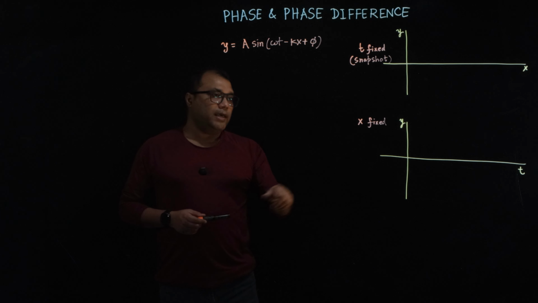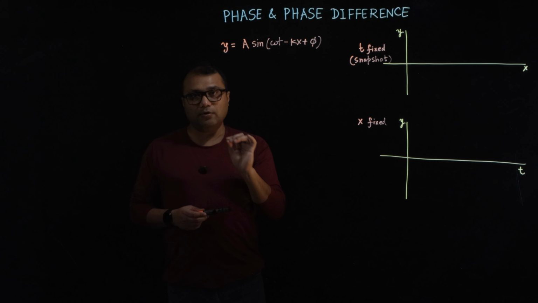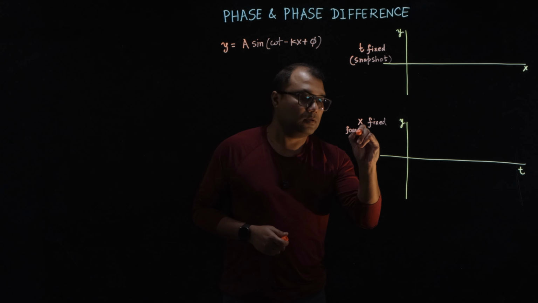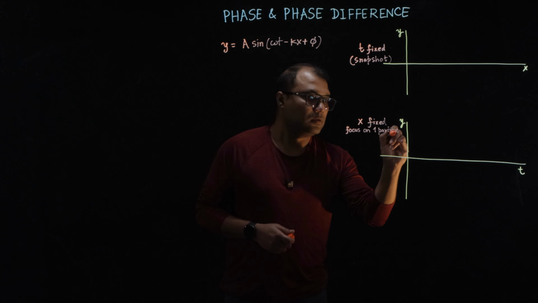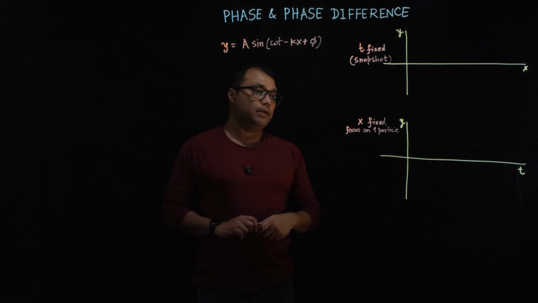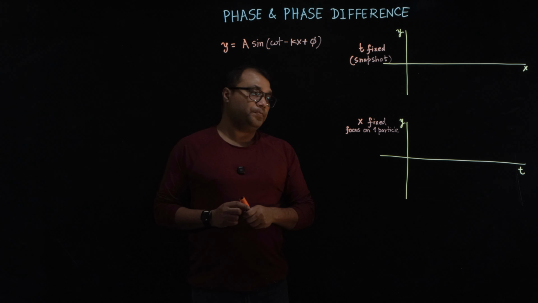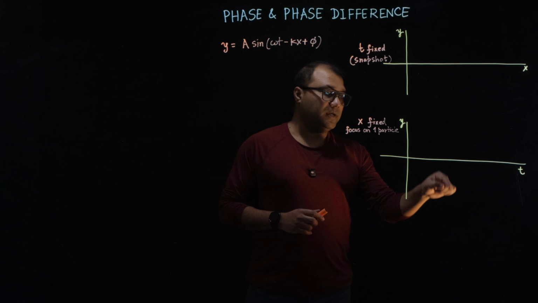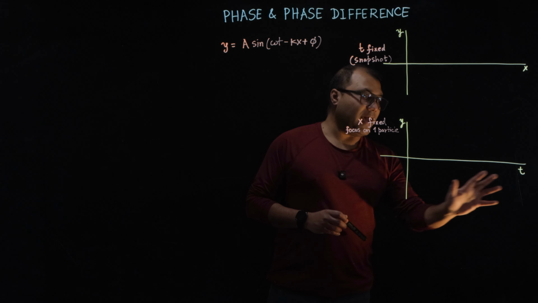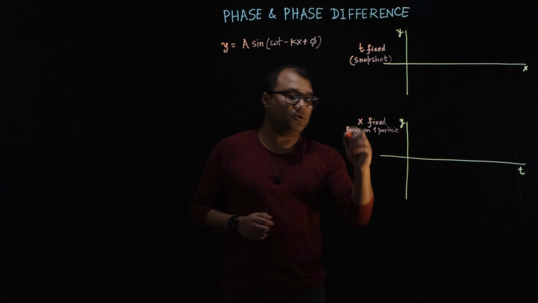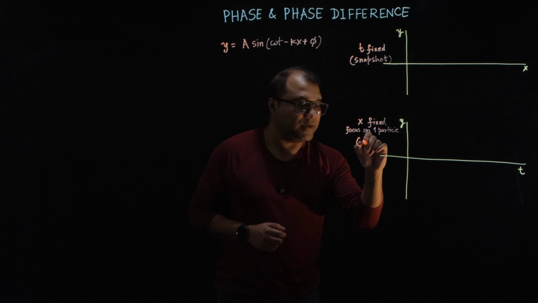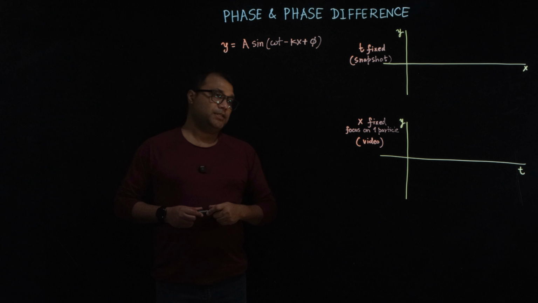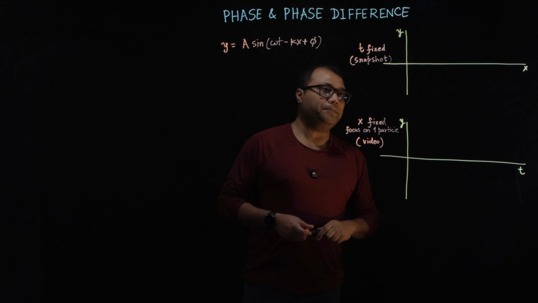So x fixed means we are now focusing on one particle only. Now once we have focused on that one particle, we are taking a video, which means we are looking at how that particle's displacement or disturbance is changing as time progresses. So this is no more a snapshot, this is like a video. Something that is moving, something that is changing with time. That's why we plot y against t.